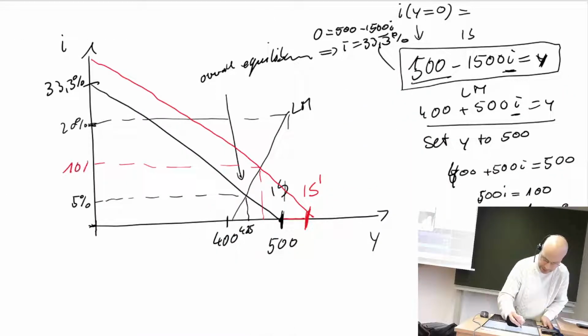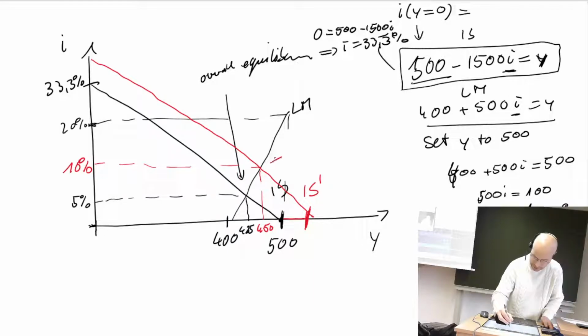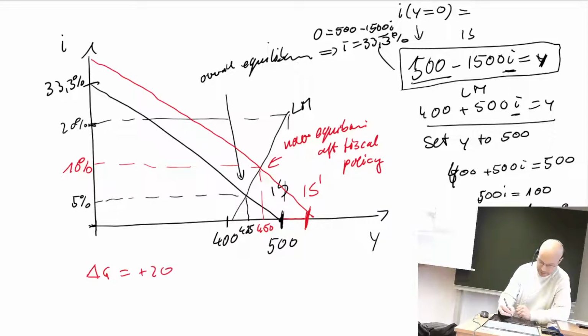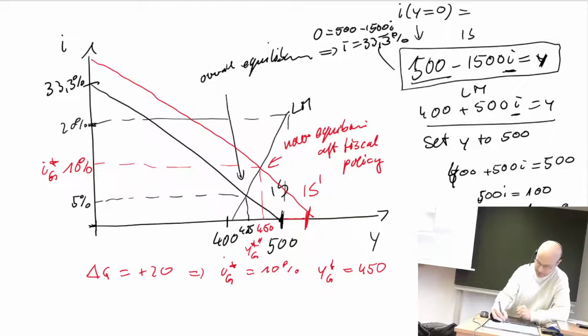So this would be then 10% and this 450, and this is then the new equilibrium after fiscal policy, and we had raised delta G, which was plus 20, and then we obtained a new I_G star at 10% and Y_G star equals 450.